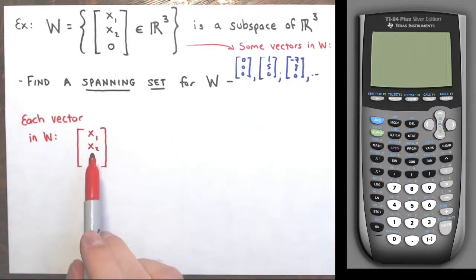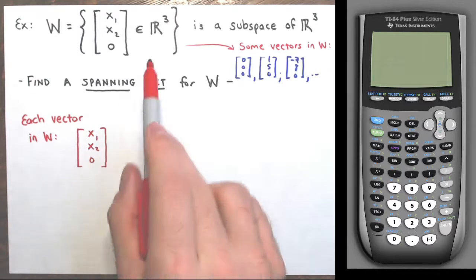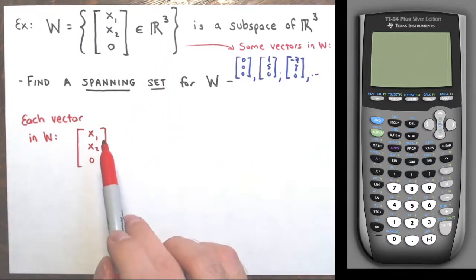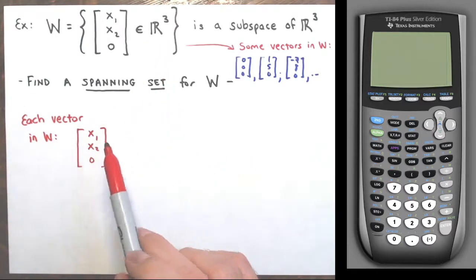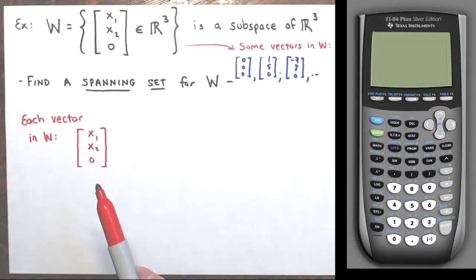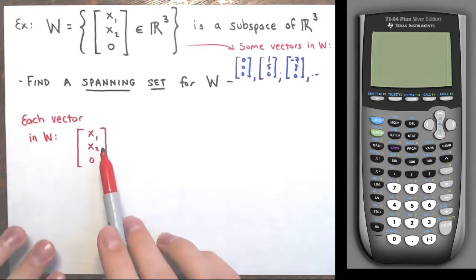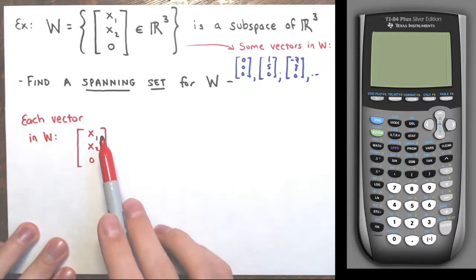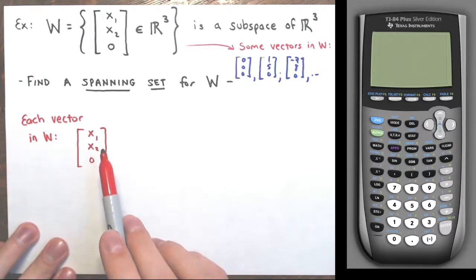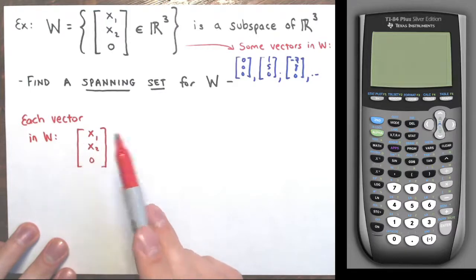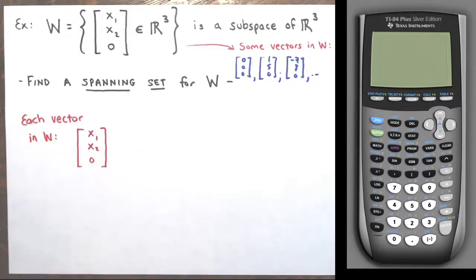Now remember how for the last two examples, there was some equation involved where I could replace one of these variables with another expression involving just one variable, and then I pulled that out. Well, that's not happening here. There are two variables here that I can choose any value for. In the last couple of examples, there was only one variable that I could choose a value for, and then the other one had to be fixed.